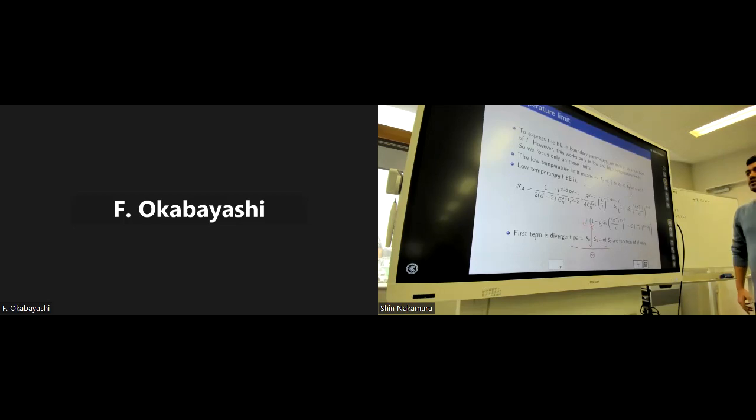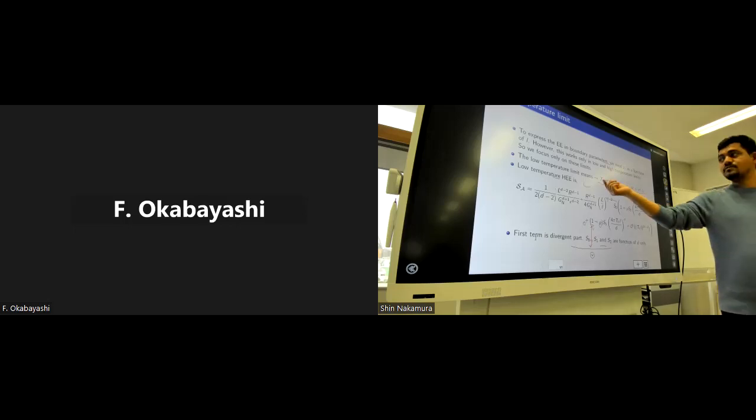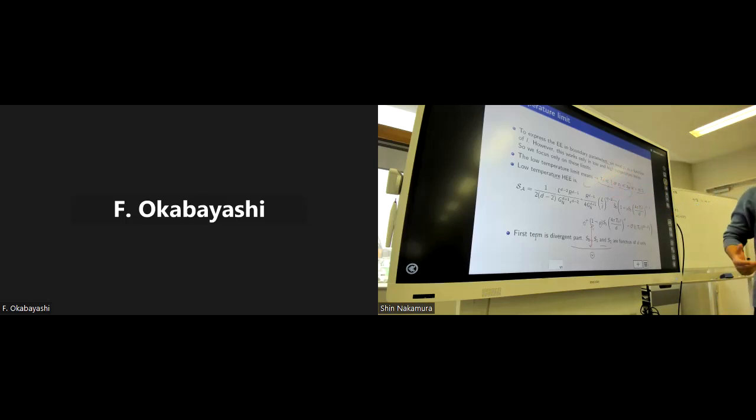Here you see z_t is very much smaller than z_h, or alpha, which was z_t by z_h. So if z_t is very small, then alpha has to be very small. Okay, so the high temperature limit you can say in this way or in this way, or from the boundary perspective, because this T_F was the effective temperature. It sets a length scale, and on the basis of that length scale, you can define whether you are working in the high temperature limit or the low temperature limit.